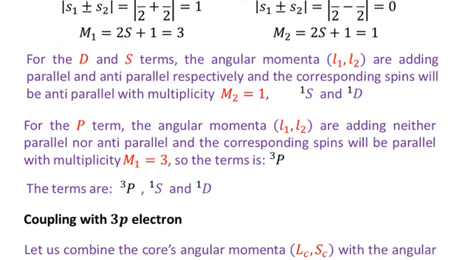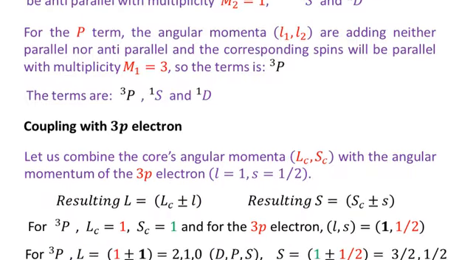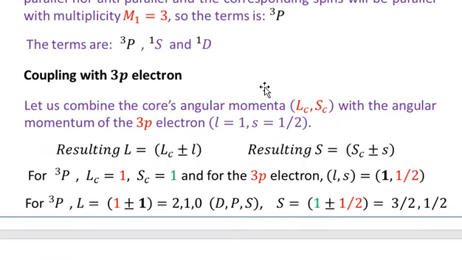So let's perform the coupling with the 3p electron. So let's combine the core angular momenta Lc, Sc, which were obtained from 3P, 1S, and 1D separately.